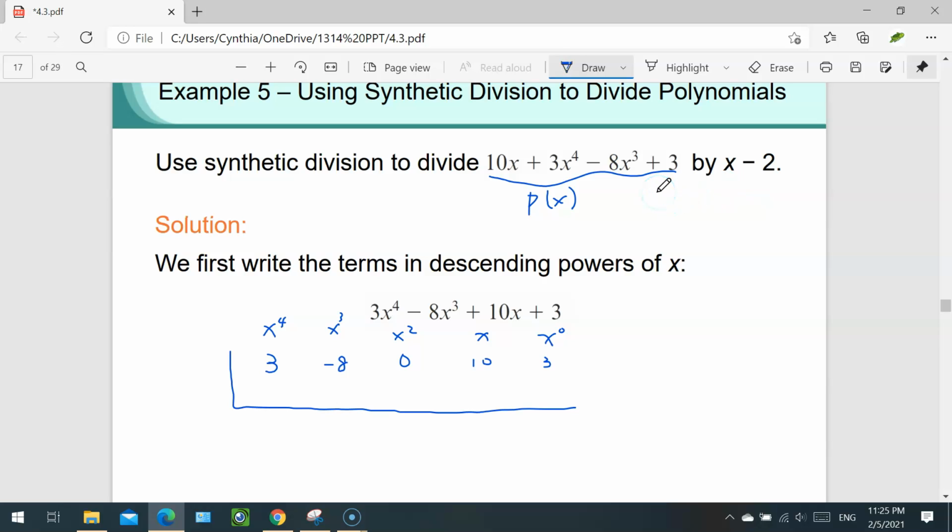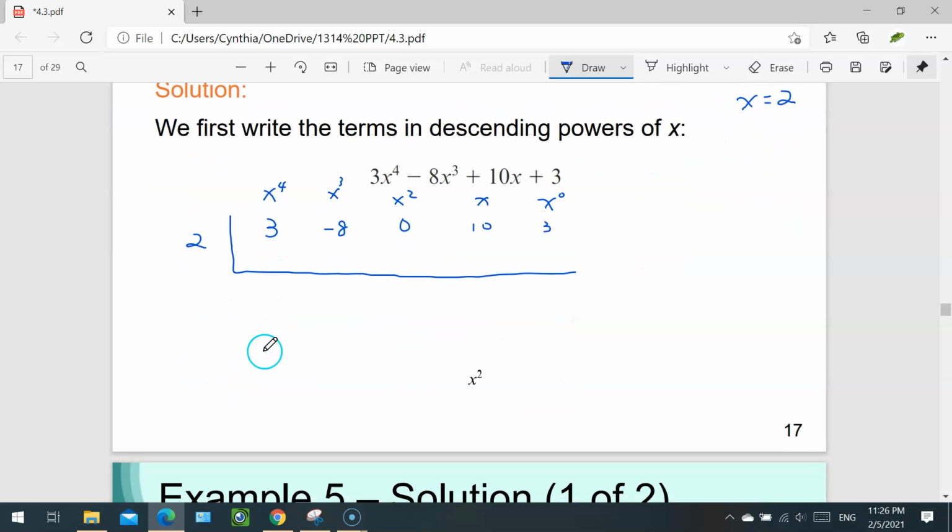So when we put this factor into the synthetic division, on the outside we only record a numerical term. So how can I get a numerical term from the divisor here? You just set x minus 2 equals 0, and from here you solve for x, which is 2. So I put a 2 on the outside.